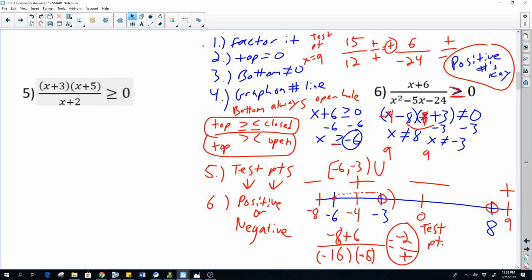In union with, this is negative, negative, negative, so we don't want that. And then starting at 8 now, and then to the right. So 8 in parentheses. Good. And then comma. And then to infinity to the right, positive forever. Cool. So that is our answer now.